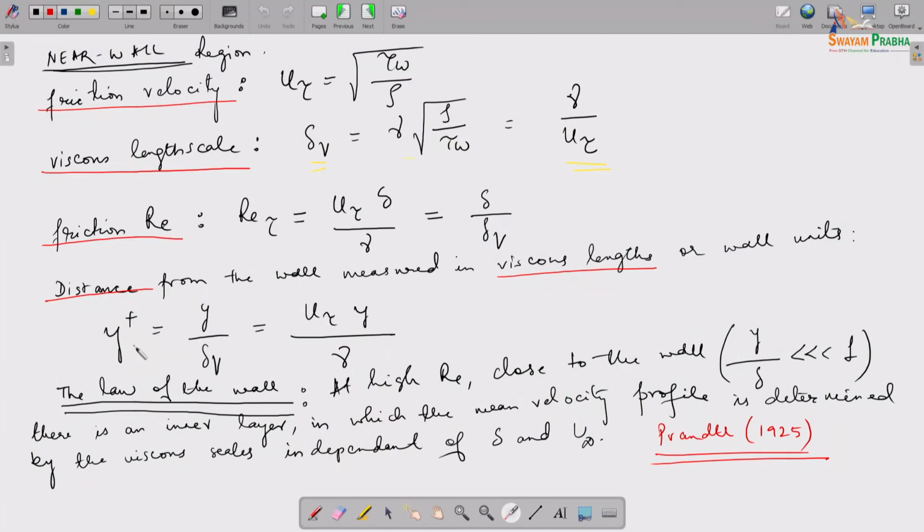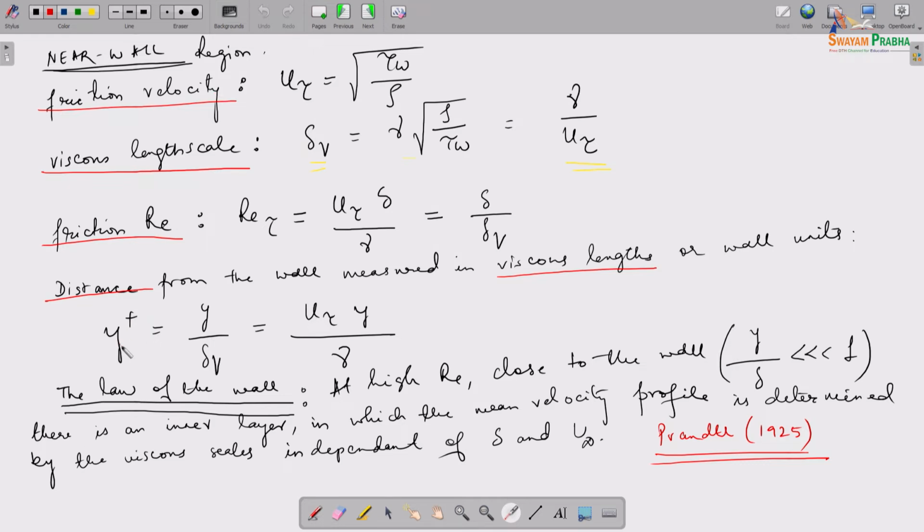So we came up with scales like this. Distance from the wall is measured in terms of viscous length. A viscous length scale is defined as delta V. And then we define a friction velocity, a friction Reynolds number, hence a y plus.